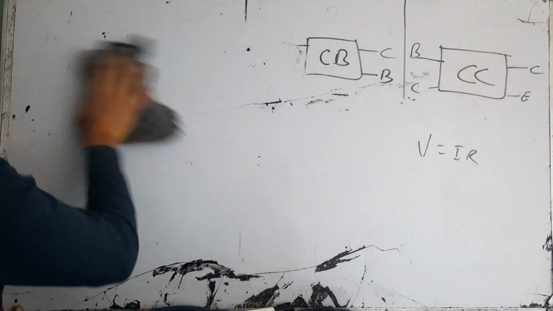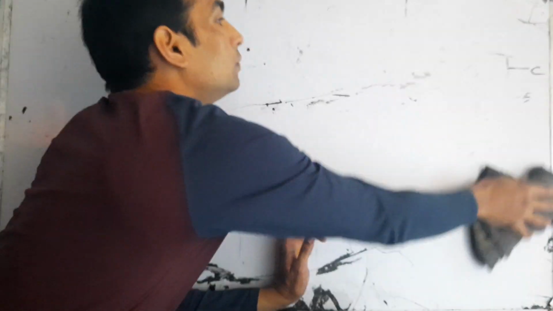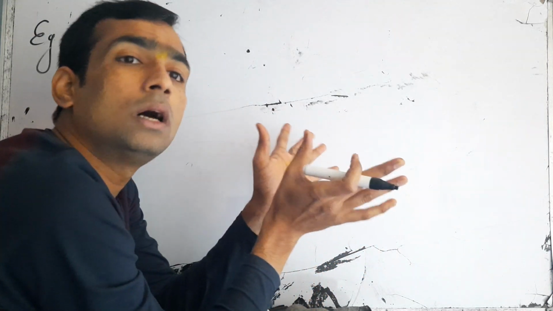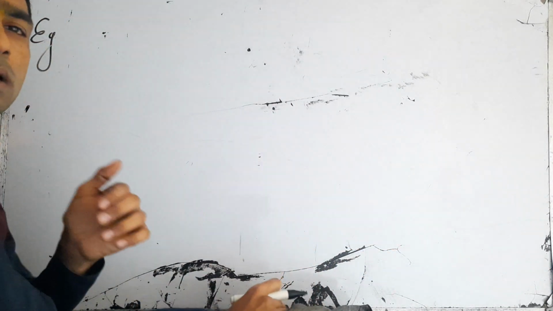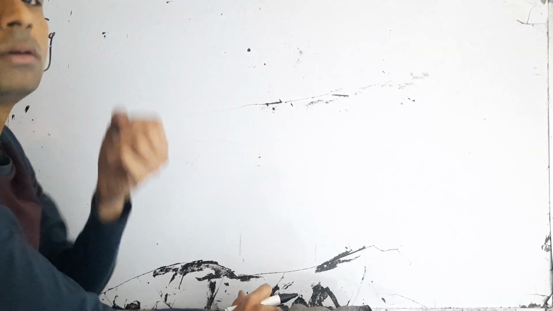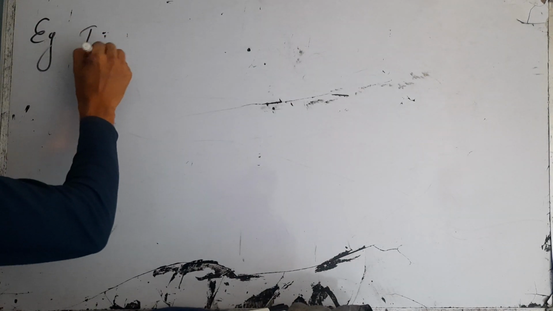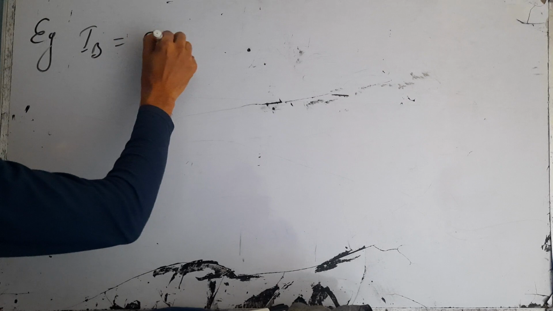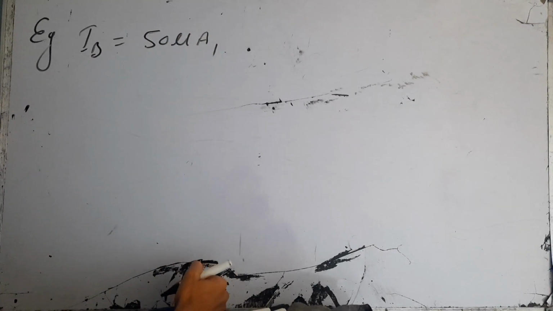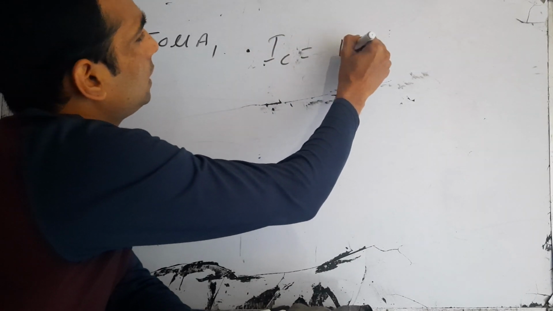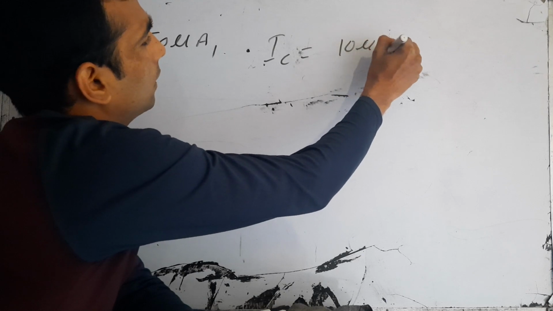I'm going to take some numerical so that we can revise the formula. Here I'm just taking data, but in the examination, you will get questions in the theory, and you can read the question and take the data out of it. So IB, the base current, say it is 50 microampere, and IC, say it is 10 microampere.